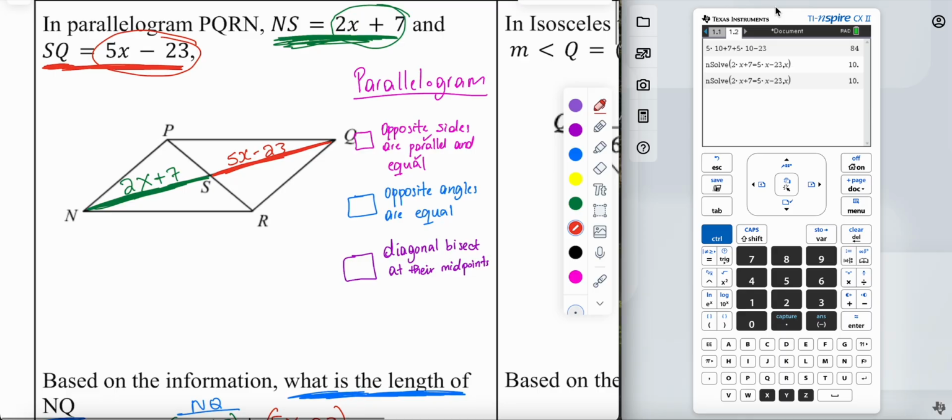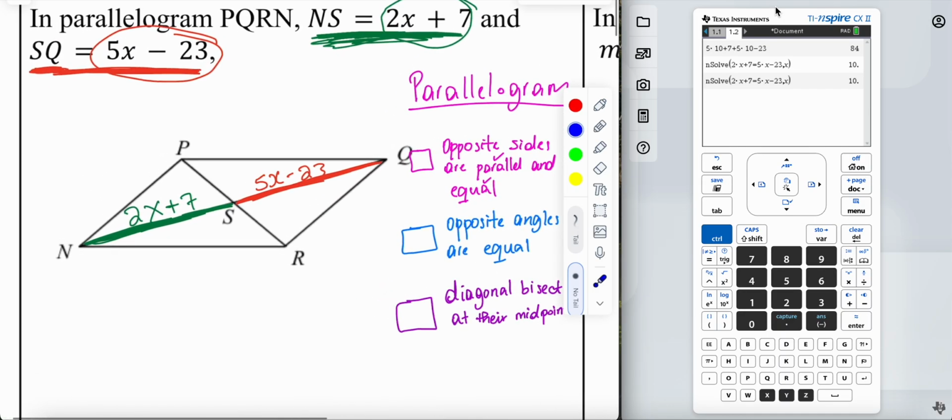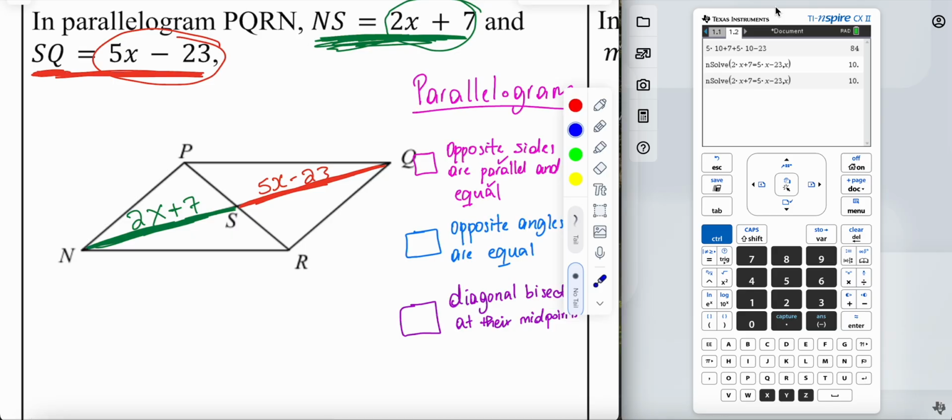All right. In order to solve these questions, we have to first identify what shape this was. So this is a parallelogram. So our important word is going to be parallelogram. I went ahead of time and wrote down parallelogram on the paper.